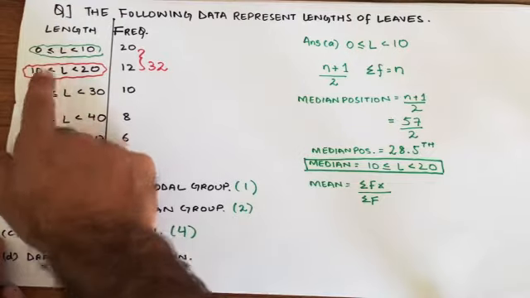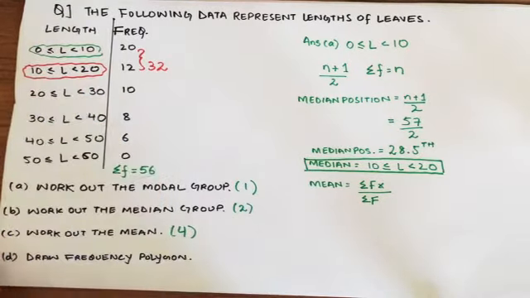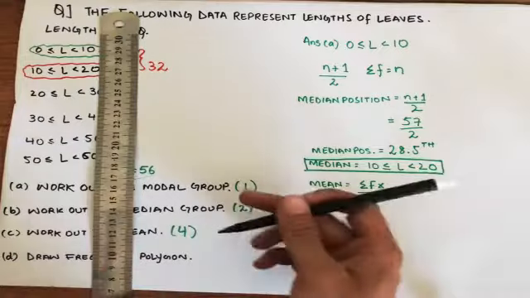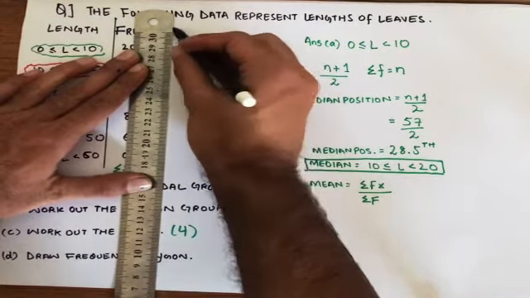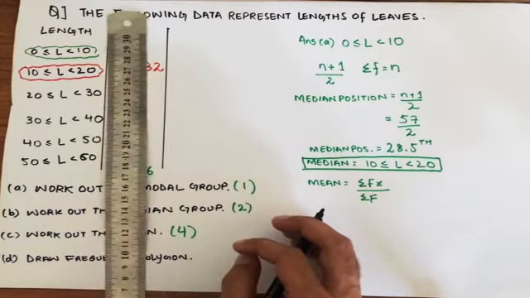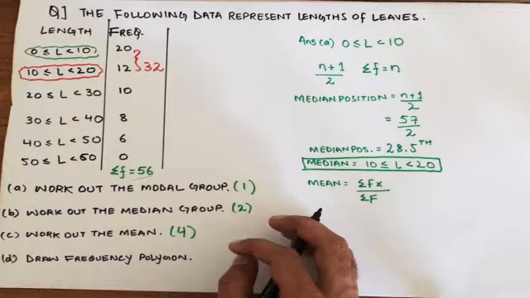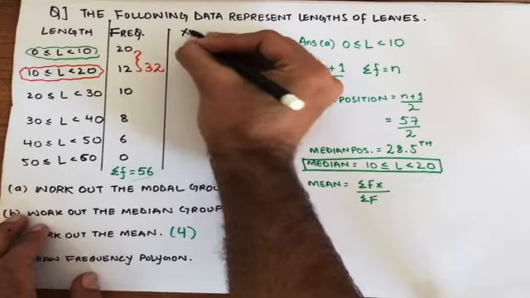Obviously 5. 10 and 20, what lies between them? 15. So you can go ahead and plot another column, that is your x.